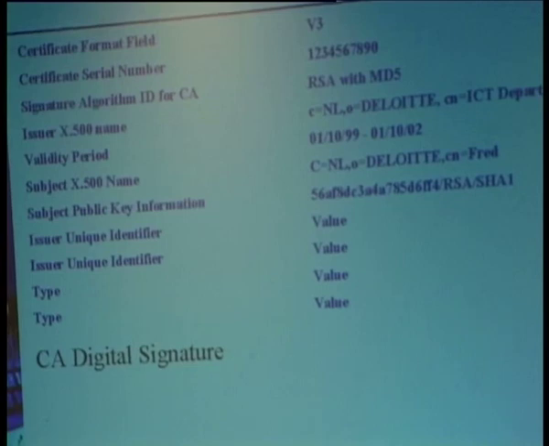So if you receive the certificate, you see Alice's public key, you see in the data of the certificate that it is Alice, and you can check the signature of the certificate using the public key of this certification authority.